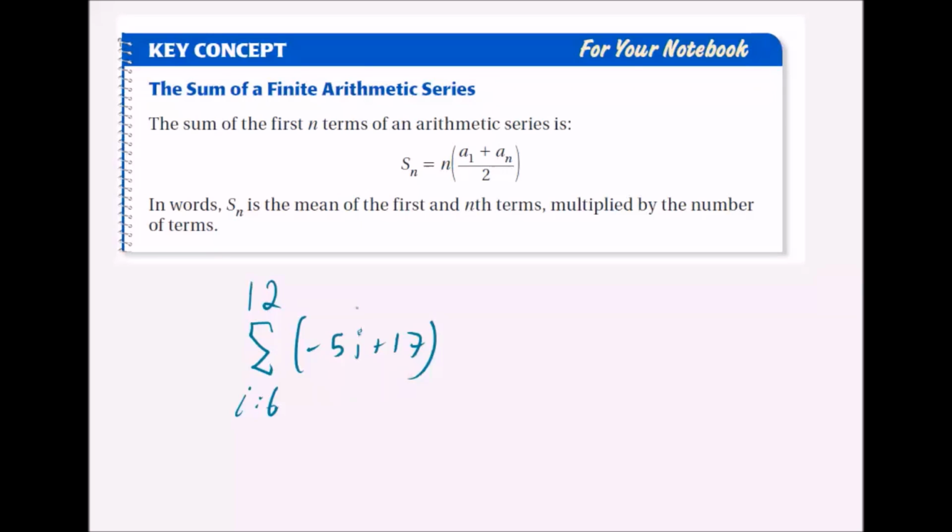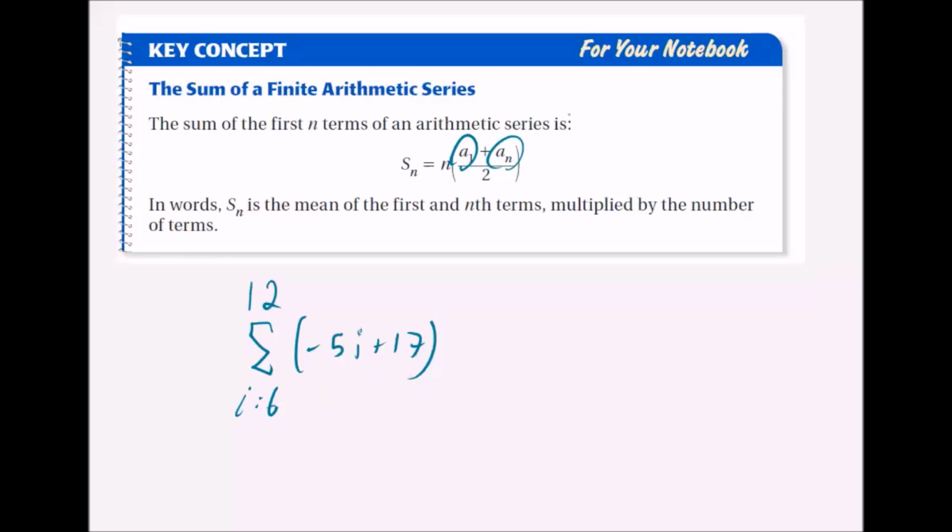We could plug in i equals 6 and then plug in i equals 7, 8, 9, 10, 11, 12, and then add those together. But we can use this equation to skip a lot of steps here because we know it's an arithmetic series, so the equation works. So in order to do this, we need to find what a1 is, and we need to find what an is.